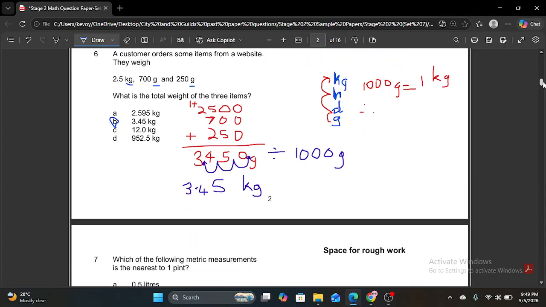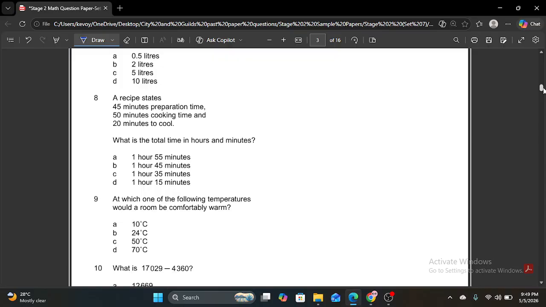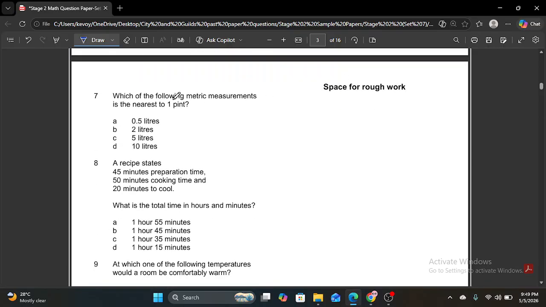So question 7. Let's go back up there. Which of the following metric measurements is the nearest to 1 pint? First of all, we have to know what 1 pint is.